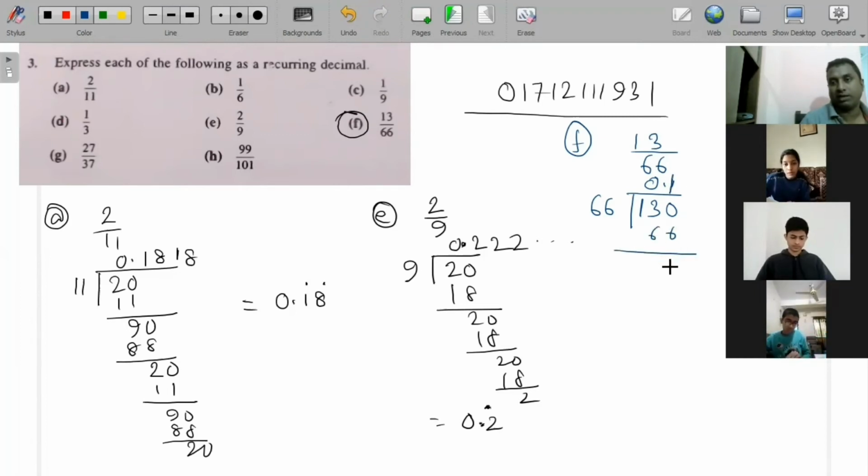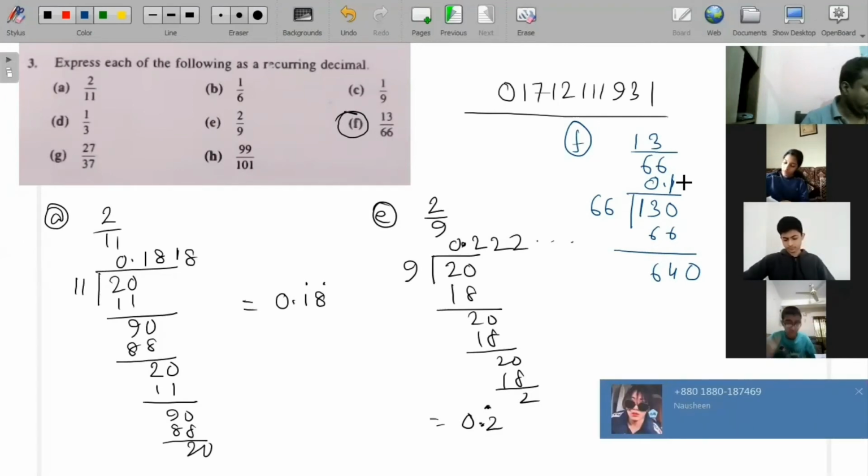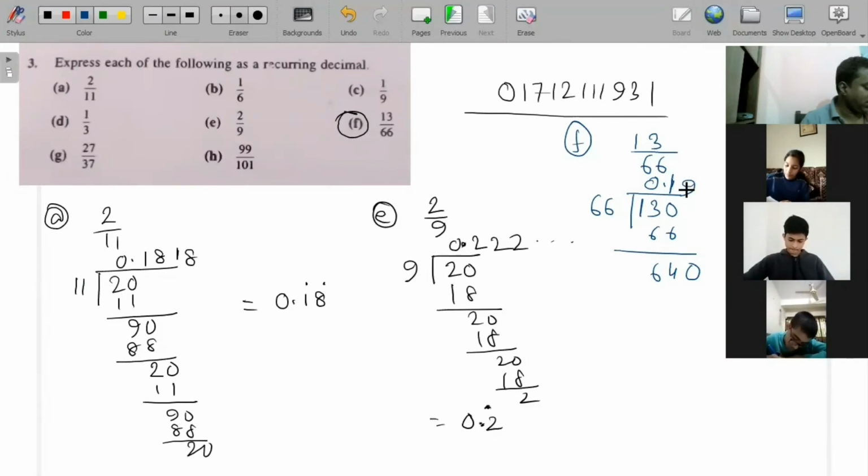Now, if you subtract, 4 and then 6, let me take 0. How many times? 9 times. If I give 9 times, what should be there? 594. Yes.